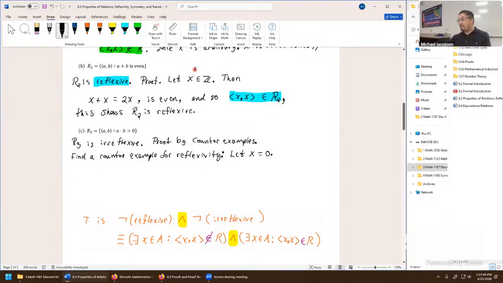So counterexamples are nice. We're not working in full generality. We just pick one example. If X is 0, we go back to the set membership condition. 0 times 0, well, that's equal to 0. And so 0 times 0 bigger than 0 is false. So we have a false on that set membership condition right there.